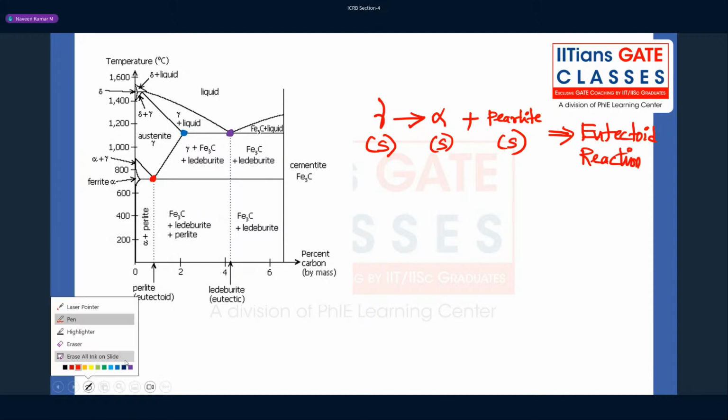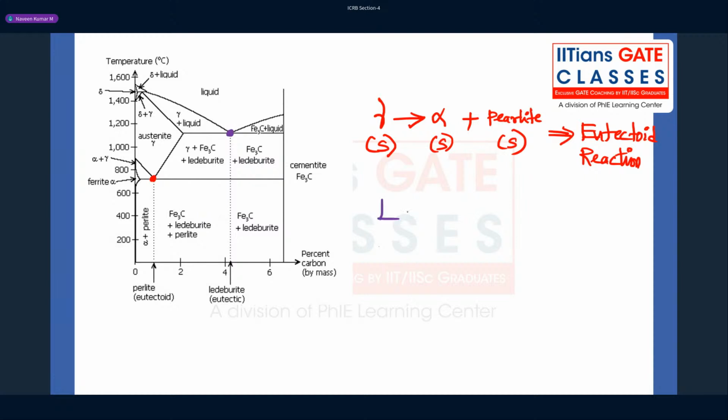Next, we'll take another ink and discuss at this point. Okay, one minute. Let me write the other reaction here, where liquid is converting to gamma.